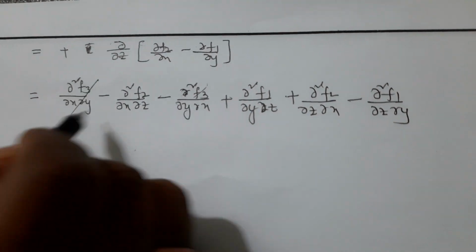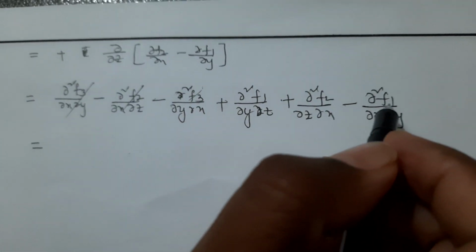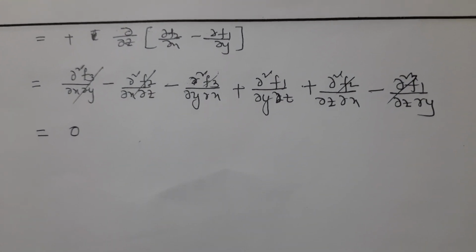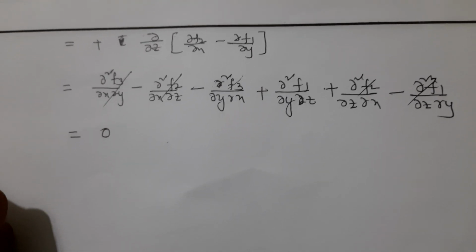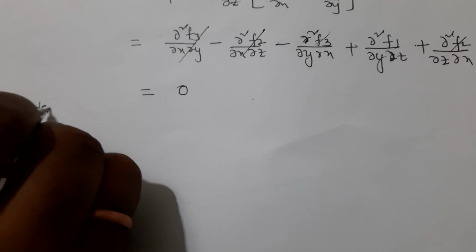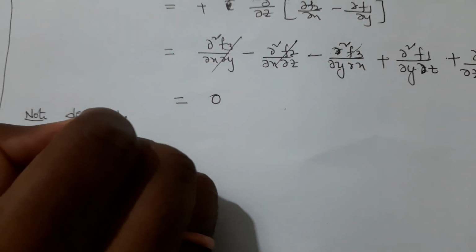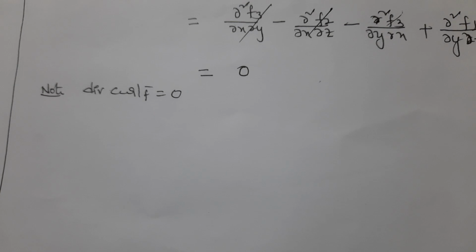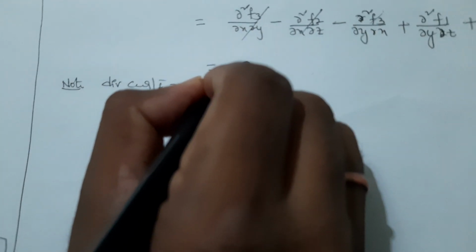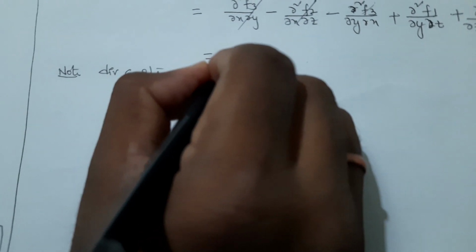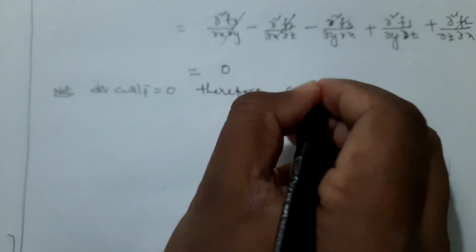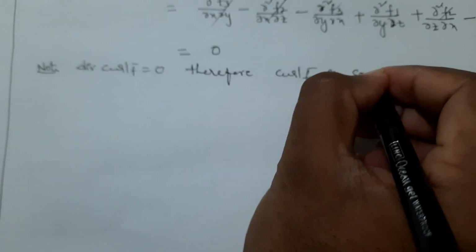This value and this value, all the terms are cancelled, therefore it is 0. Since divergence of curl f bar is equal to 0, therefore curl f bar is always a solenoidal vector.